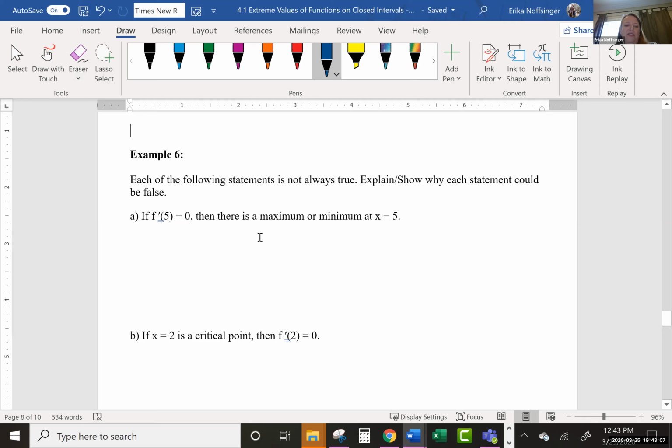Do we know then that there is a maximum or a minimum at x equals 0? So does there have to be a max?